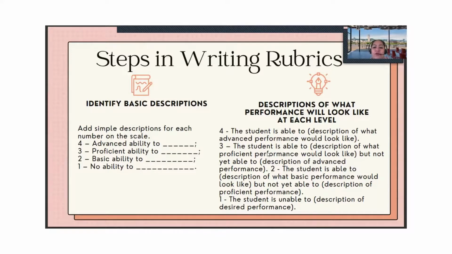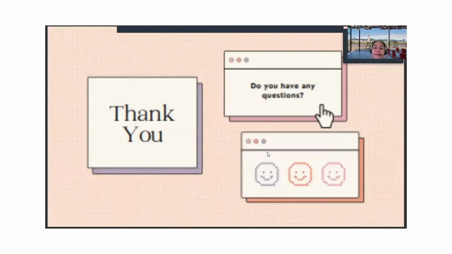Like for example, for number 1, the student is unable to give an organized content, yung mga ganon. So meron na siyang description, and it would be easier to know what it measures.